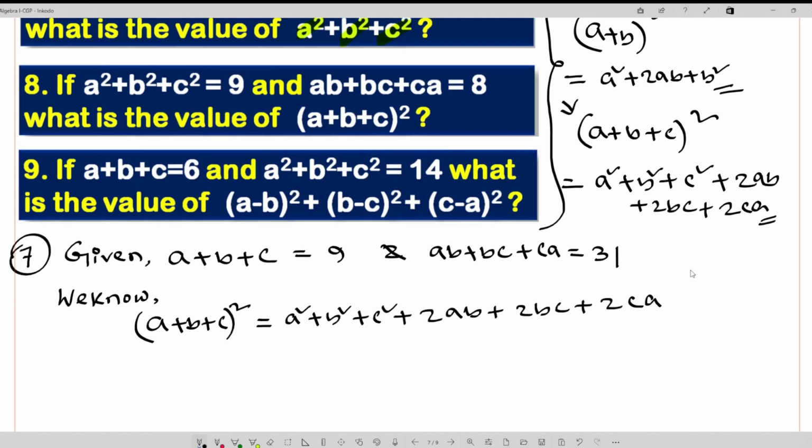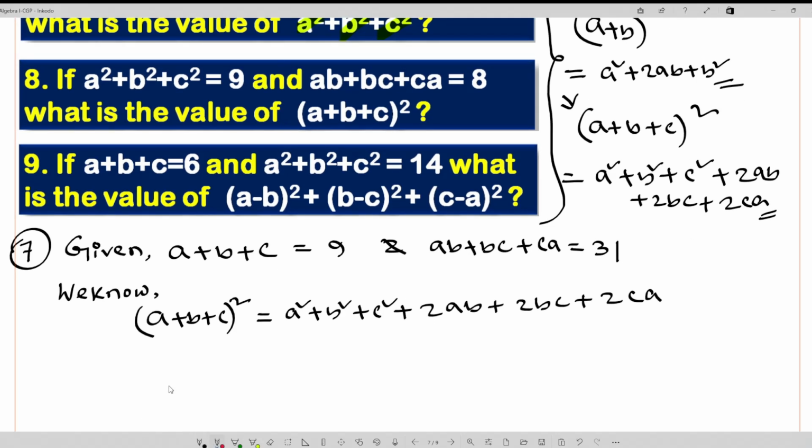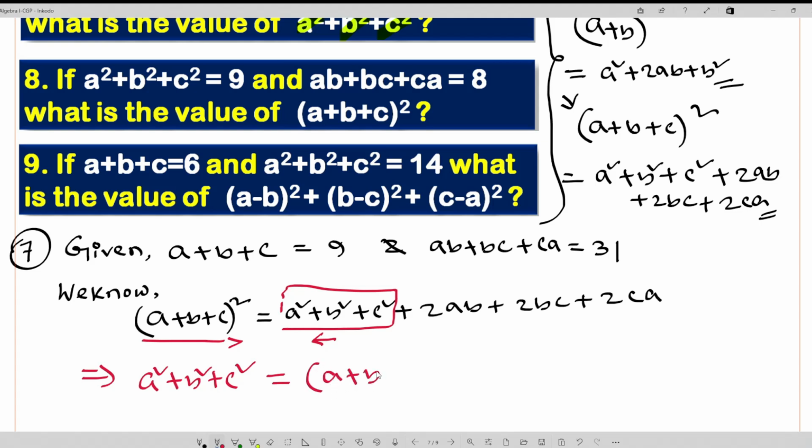From this formula, if we move this to this side, we can write a² + b² + c² = (a + b + c)² − 2(ab + bc + ca), taking common 2.